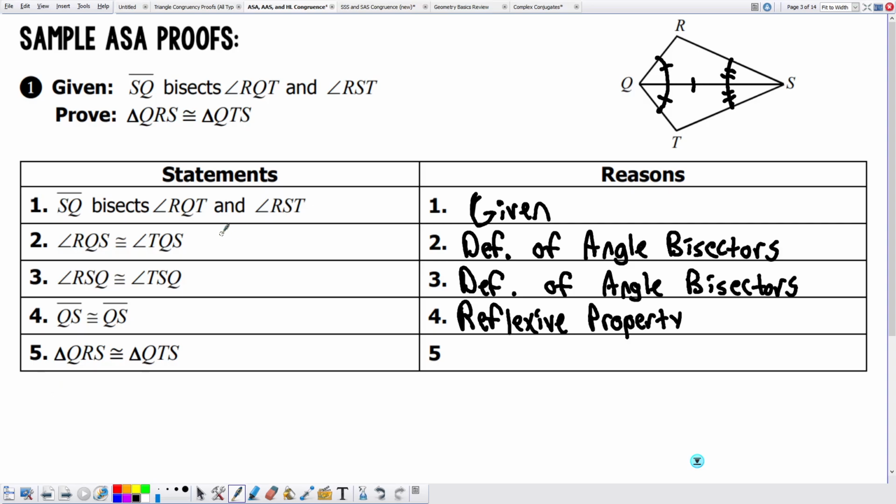Well, that's because we have a pair of angles that are congruent. We have another pair of angles that are congruent. And we have a pair of sides that are congruent. And the side is between the two angles. So it goes angle, side, angle. We have angle, side, angle congruence.